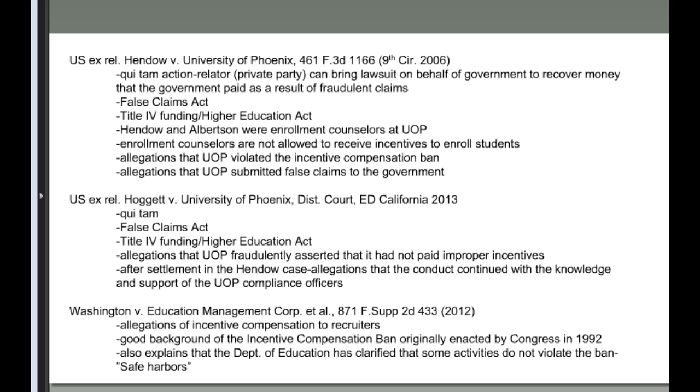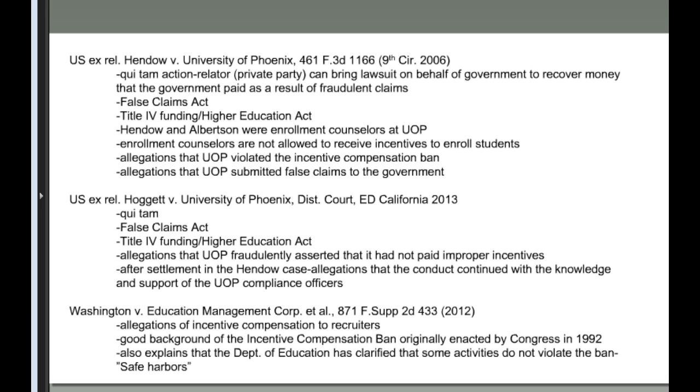Then we also have the Hoggett case, a similar case, same thing, University of Phoenix. Allegations that University of Phoenix fraudulently asserted that it had not paid for incentives, and that the conduct continued with the knowledge and support of the University of Phoenix compliance officers. Then the third case, Washington versus Education Management Corp., alleged incentive compensation to recruiters, same situation.